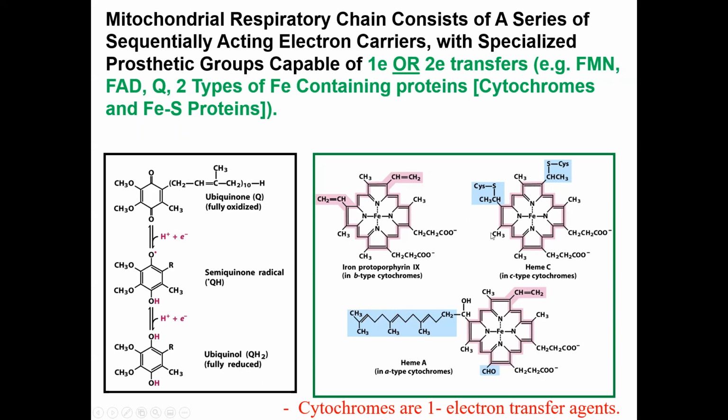In these 3 types of cytochromes, one thing you have to remember, and that's why I have it in red here, is that cytochromes are 1 electron transfer agents. Okay, cytochromes and iron sulfur proteins are both 1 electron transfer agents. They can only do 1 electron transfer processes, redox processes at a time.